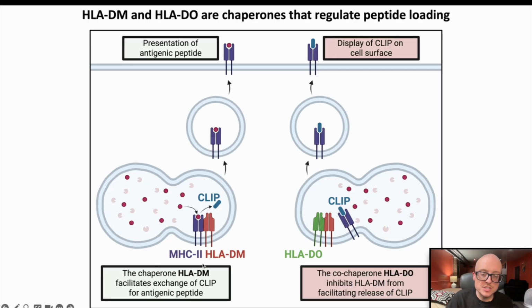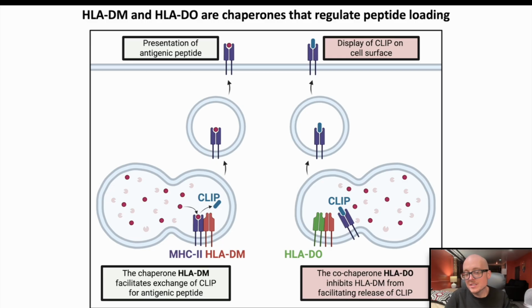Instead, the chaperone HLA-DM comes along for the ride into the MHC class II loading complex, the vesicle that contains MHC class II CLIP, and so it's present there. So when MHC class II encounters the exogenous antigens that it might be able to use, HLA-DM actually stabilizes the MHC class II alpha and beta chains long enough for the swap to occur, for CLIP to come out and for the antigenic peptide to go in.